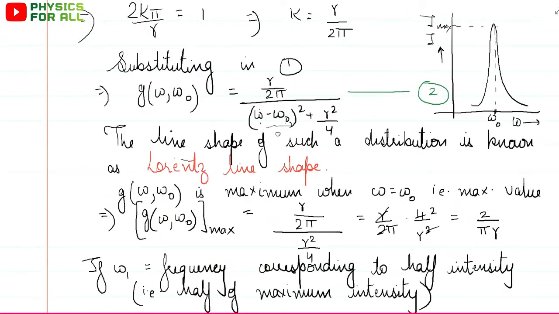Here you can see this is the maximum intensity, corresponding to which we have the function g omega omega naught max. This is at this omega naught. This is fixed. Let's say omega 1 is the frequency corresponding to half intensity. So this is the maximum intensity, and at half intensity, let the frequency be omega 1.